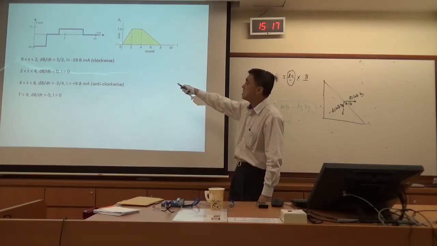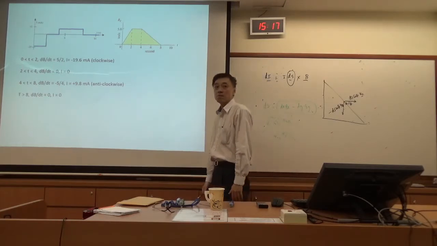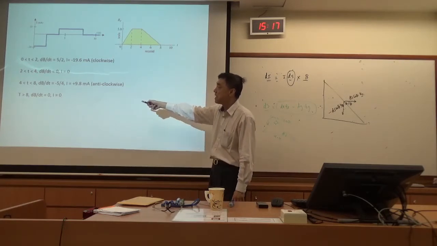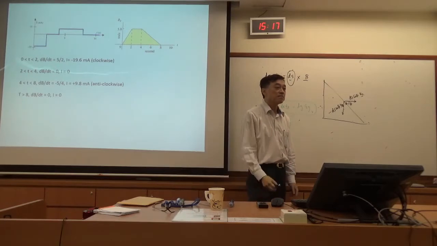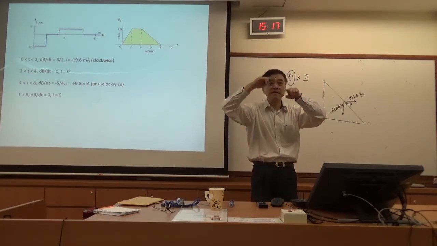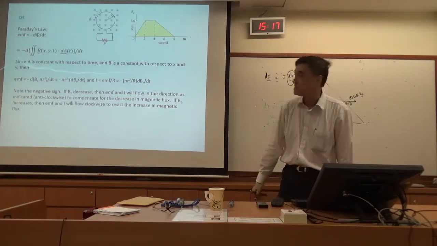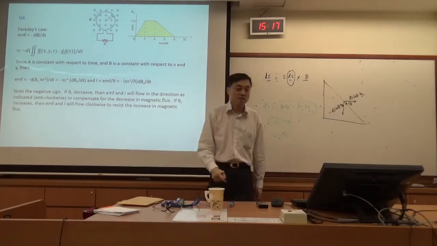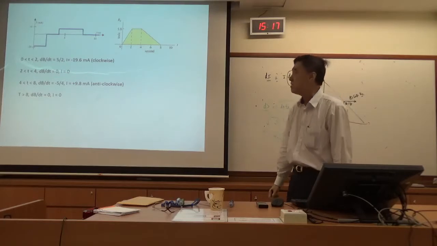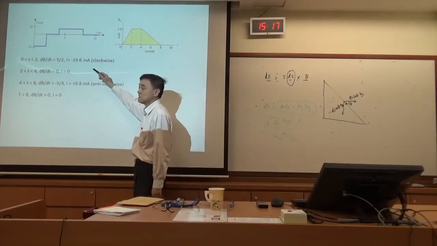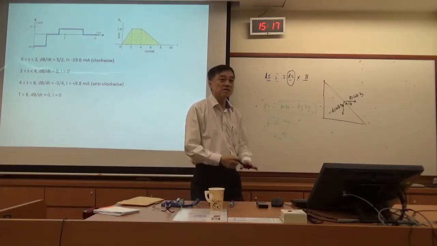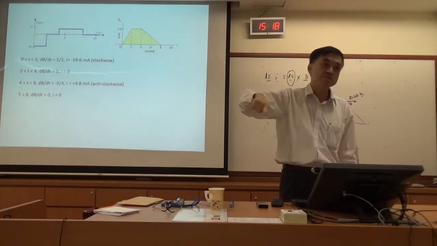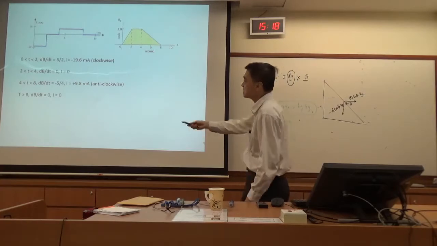When B is increasing from 0 to 5 in 2 seconds, dB/dt is equal to 5 over 2. If you substitute dB/dt equal to 5 over 2 in here, you get minus 19.6 milliampere, because it defines anti-clockwise as positive, so minus is clockwise.